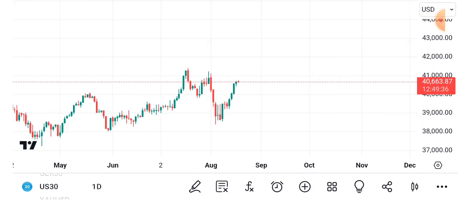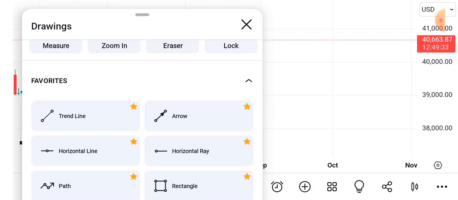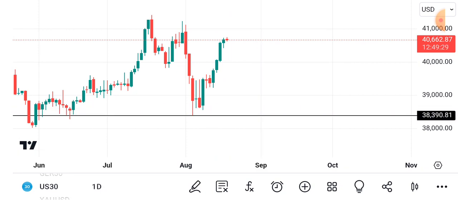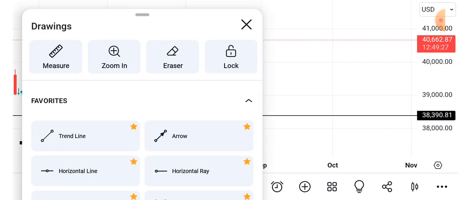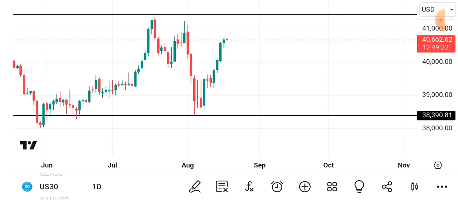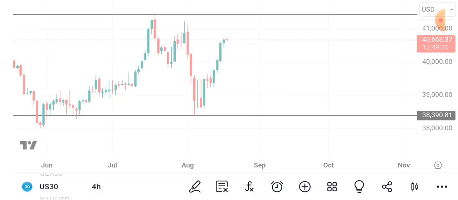So on the daily time frame, we highlight the highest point and the lowest point. This is the current lowest point and the highest point of all time. So we're gonna go to H4. From H4, we highlight the zones where the market touches and reverses.